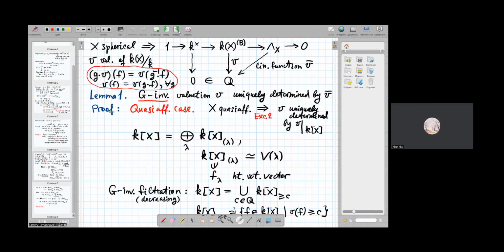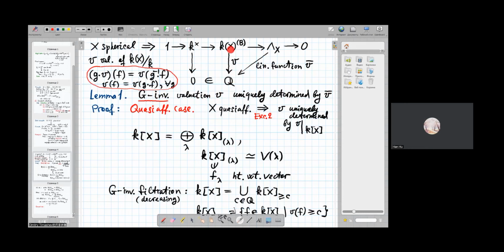No, it is given. It is given that your valuation is G invariant. You are given a G invariant valuation, and you want to prove that if V is G invariant, then it is uniquely determined by V bar. Because you can define this function V bar for any valuation.